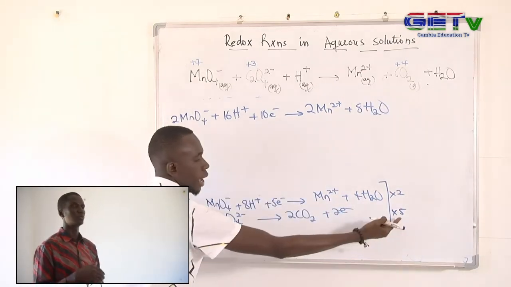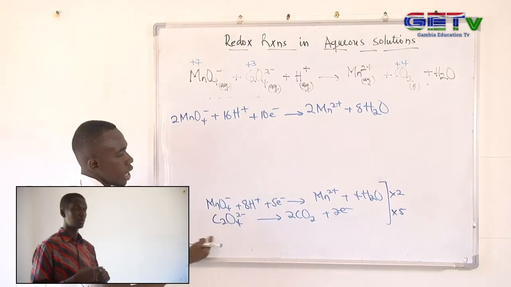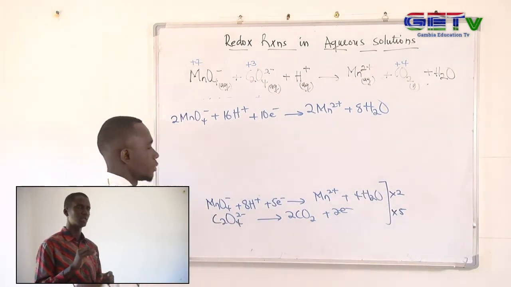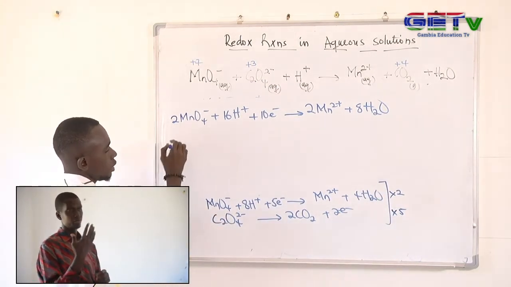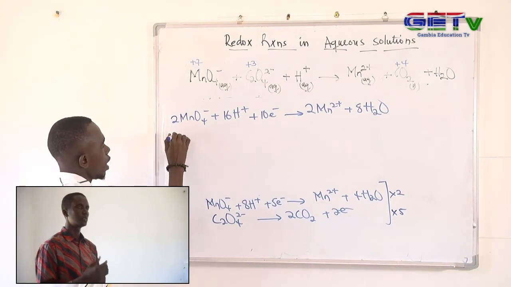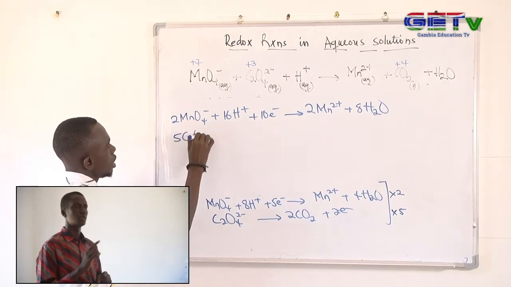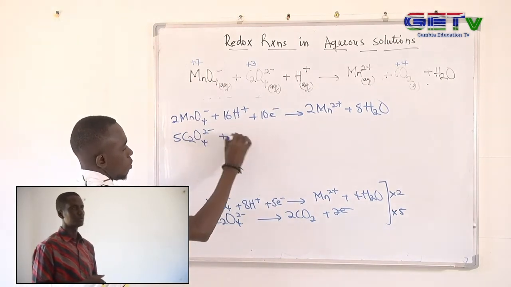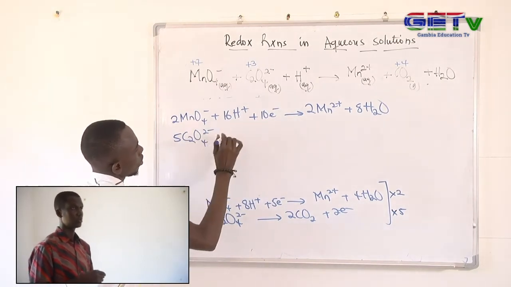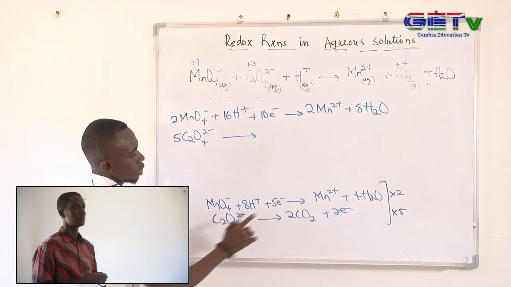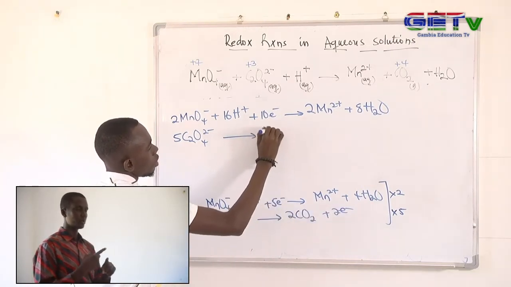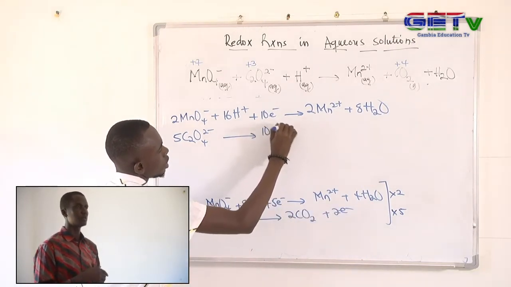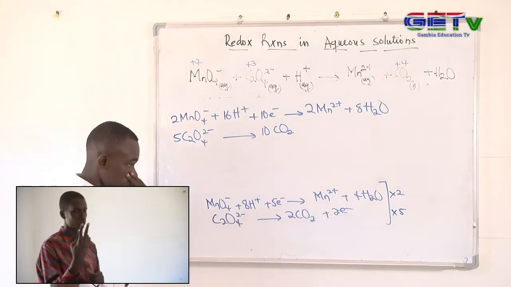We also multiply the oxidation reaction by 5. That is 5 times 1 also, we have 5 C2O4 2 minus plus, now this will give us 5 times 2, we have 10 CO2.